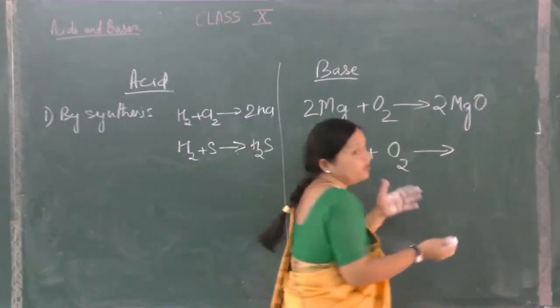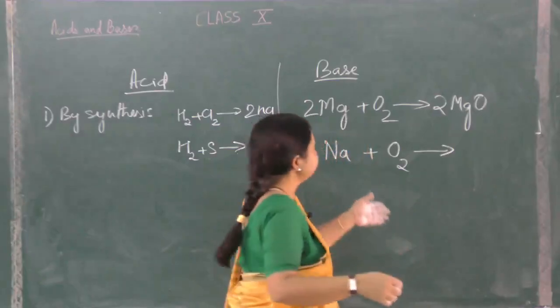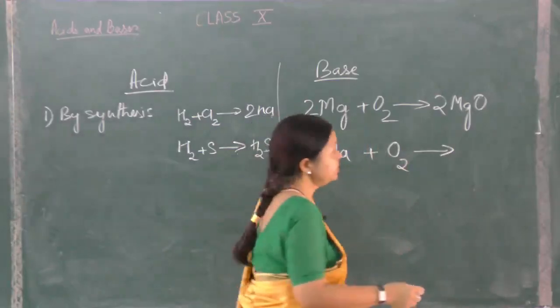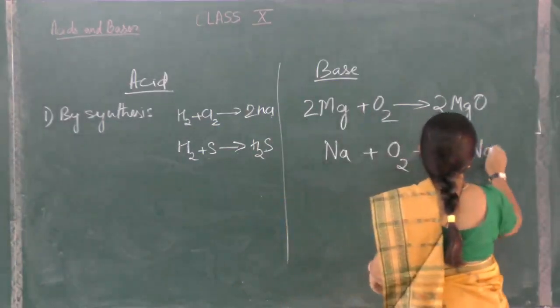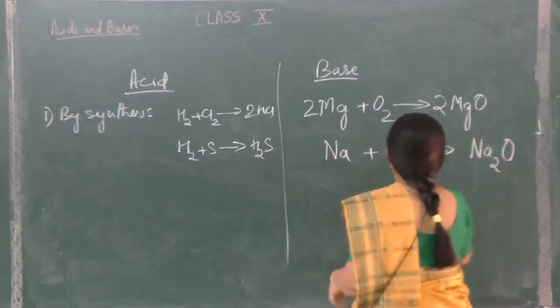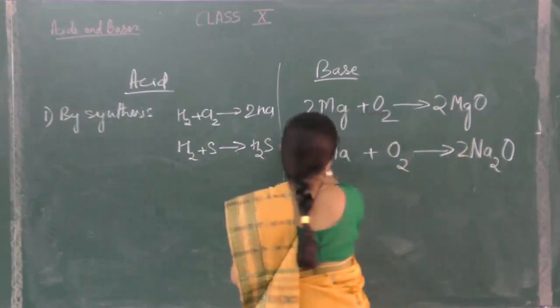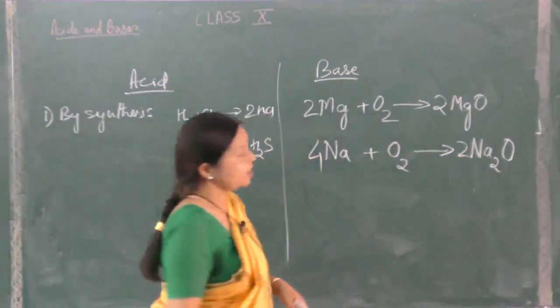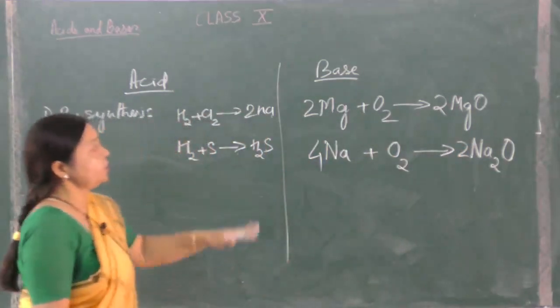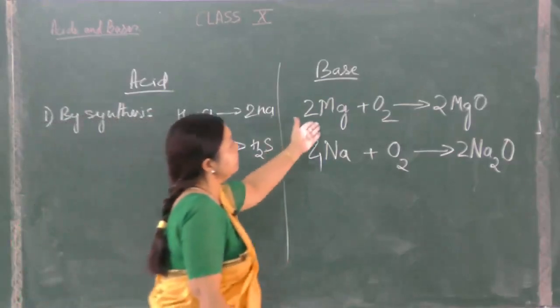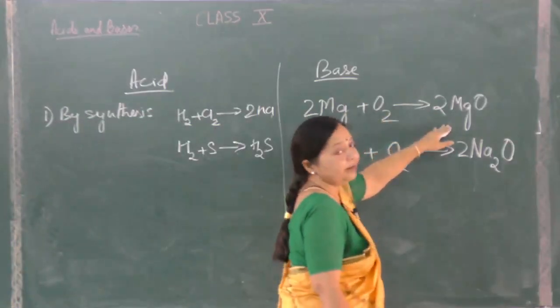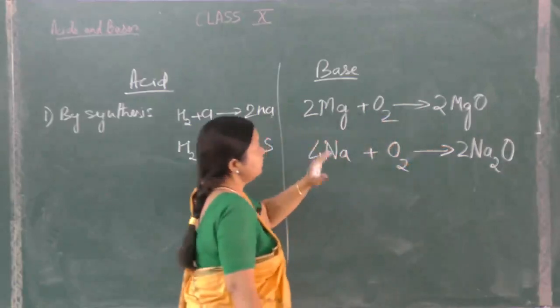Sodium is taken out from the kerosene and is kept in the air. It directly combines with oxygen and forms Na2O. So this is direct combination. The metal combines with oxygen and forms the metal oxide, the base. So this is one method.